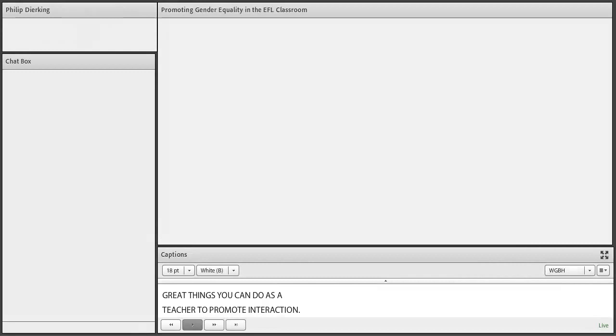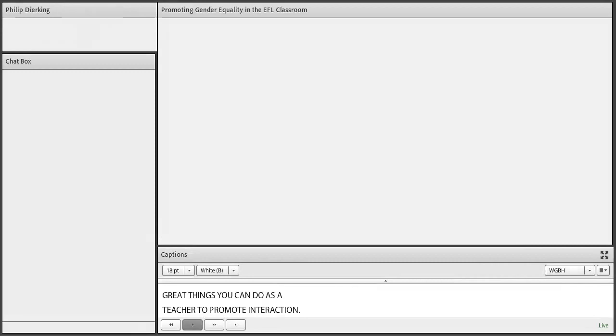Okay. So for the very first one, and we've talked a little bit about this already, student-teacher interaction, calling on or addressing both female and male learners a balanced number of times and for all subjects. So this is one of the most important actions you can do because one of the main opportunities students have to participate in a class is when they're answering teachers' questions.